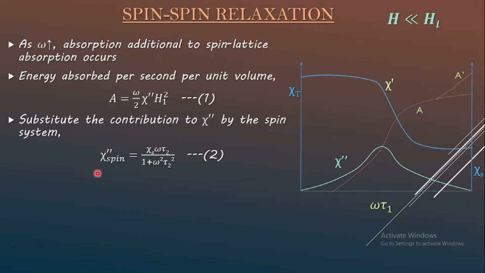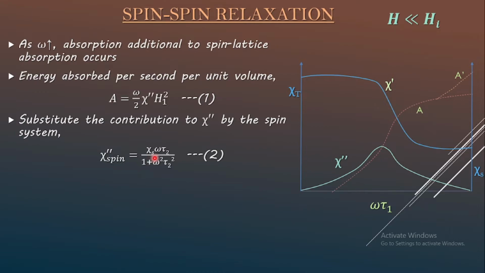So this chi double prime is similar to the chi double prime which we have seen in spin lattice relaxation. The only difference is that in spin lattice relaxation we had tau 1 instead of tau 2, and instead of chi s we had chi t minus chi s.